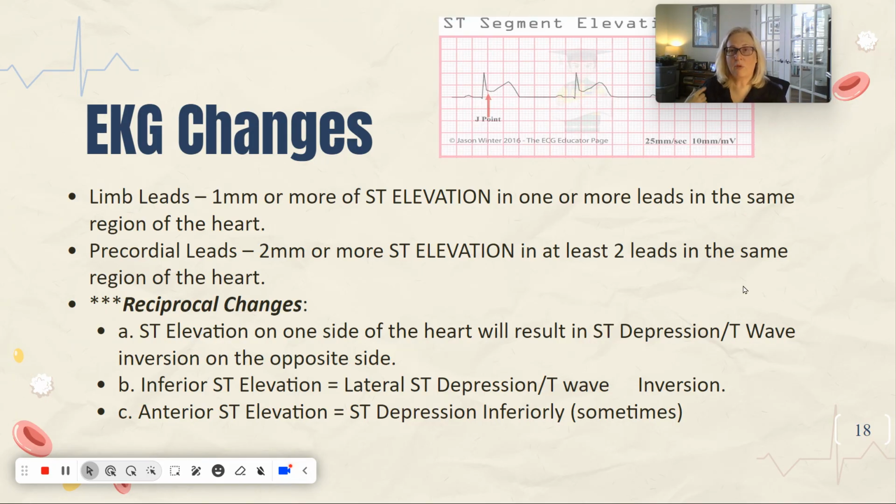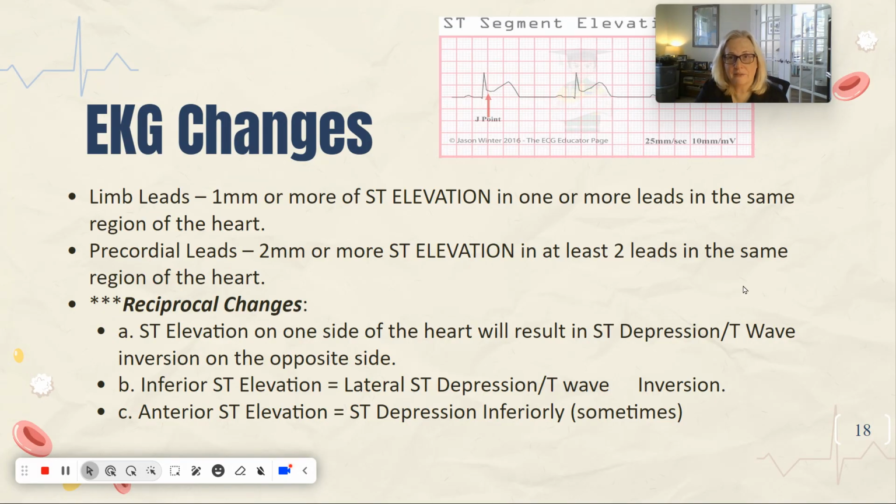The other one that goes with lead 1 is AVL, because AVL also lands at the left arm. So AVL is left and lateral. So 1 and AVL go together, and we've done this before. It's the regions of the heart. So if I find ST elevation of 1 millimeter or more in leads 1 and AVL, it is positive for a heart attack.